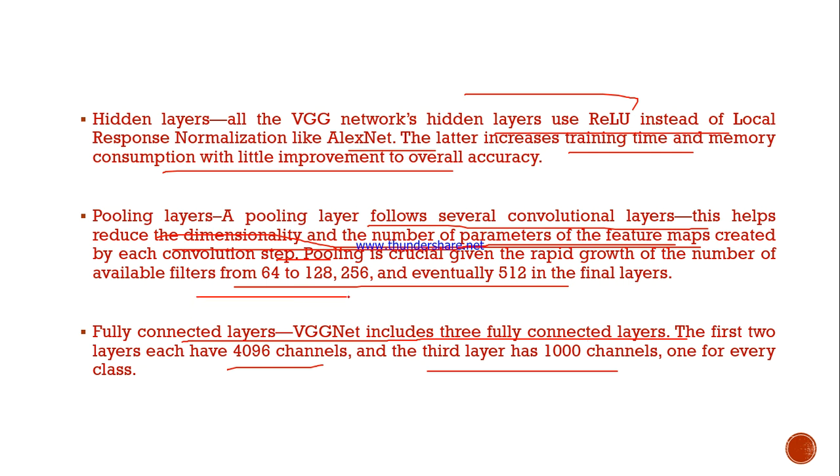Available filters go from 64 to 128, 256, and eventually 512 in the final layers. For fully connected layers, there are 3 fully connected layers. The first 2 have 4096 channels, and the third consists of 1000 channels by default.